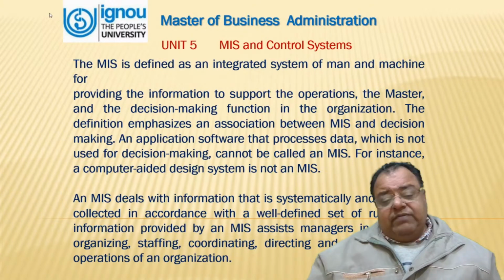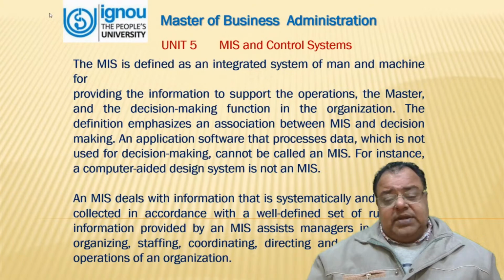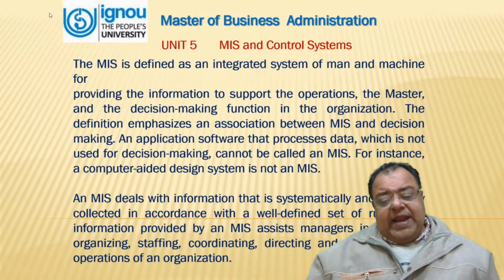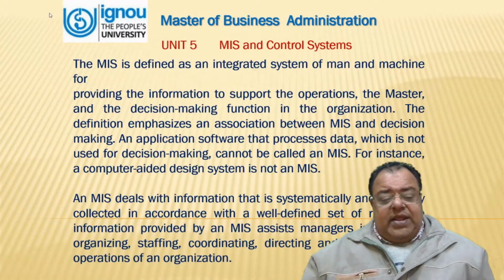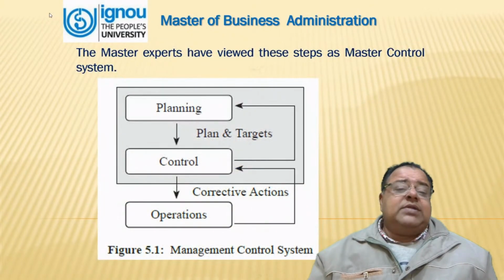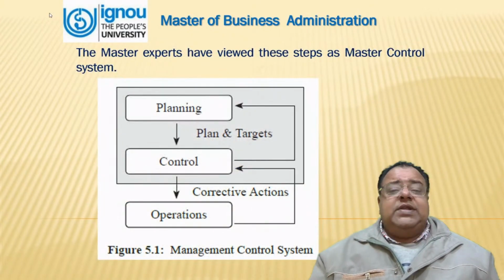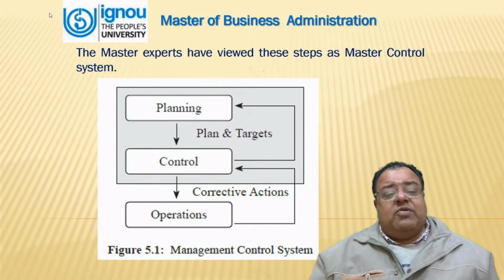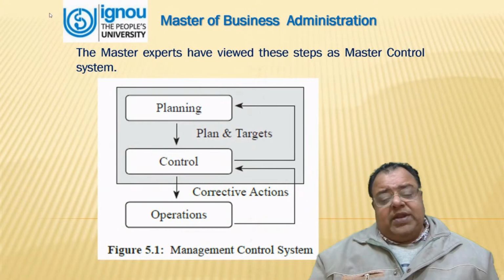The information provided by the MIS assists managers in planning, organizing, staffing, coordinating, directing, and controlling the operations of an organization. The management experts have viewed these steps as management control system. You can see over here what this management control system is: planning, control, operations. They are all interrelated among themselves.